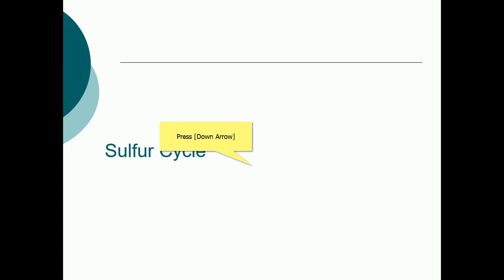So, just like we defined the previous cycles, the sulfur cycle also involves the movement of sulfur as a mineral, as a nutrient between these ecosystem components. We talked about lithosphere, hydrosphere, biosphere, and atmosphere.